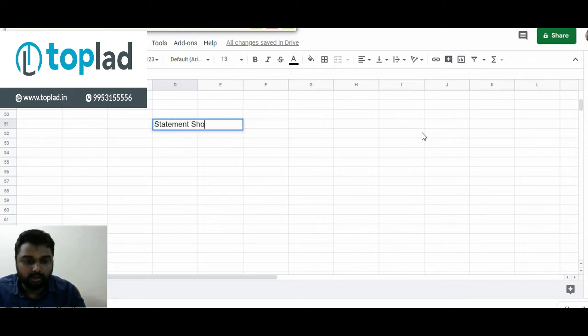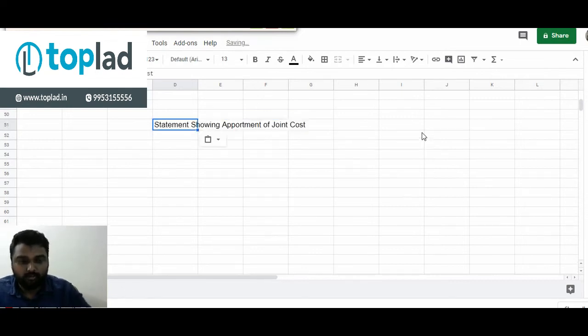Statement showing computation of apportionment of joint cost. We'll start.